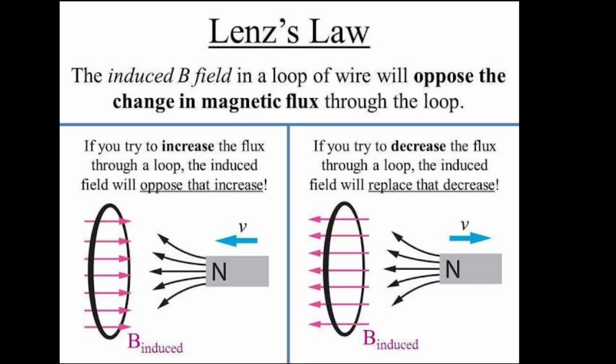Suppose we have a bar magnet and we are moving the bar magnet towards the closed loop. As you keep on moving the bar magnet towards the loop, of course the magnetic flux linked with the loop increases with increase in the magnetic field.